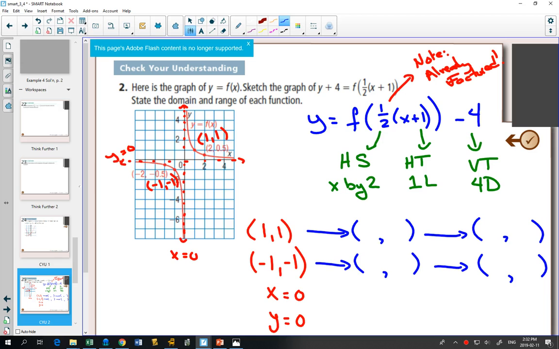So above my first set of arrows, I'll list all of the stretches and compressions that happen in this transformation. Well, we only have one stretch. We have a horizontal stretch. Our x values are going to get multiplied by 2. So above these arrows, that's the only thing that's going to affect the first set of transformations. And then after we do our stretches and compressions, we do our translations, and we have 2 translations. We are going to go 1 to the left and 4 down.